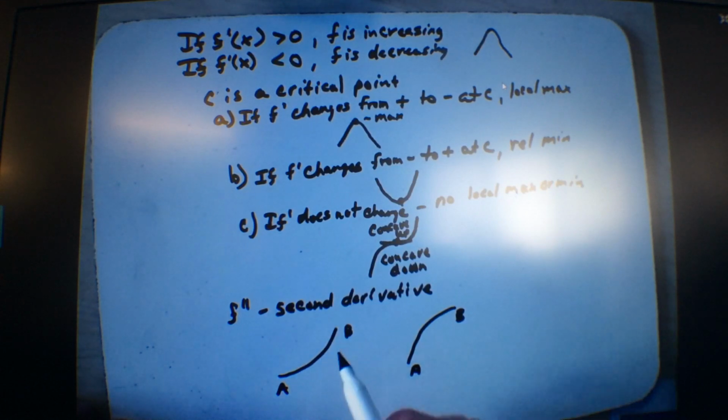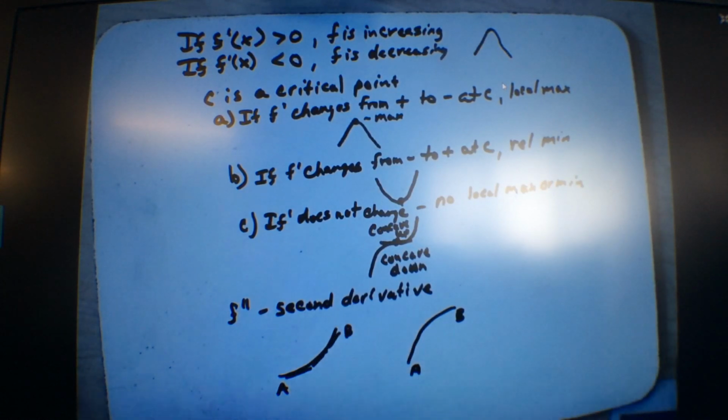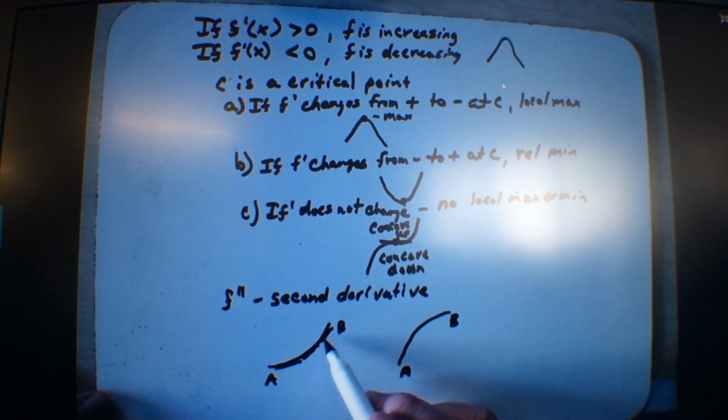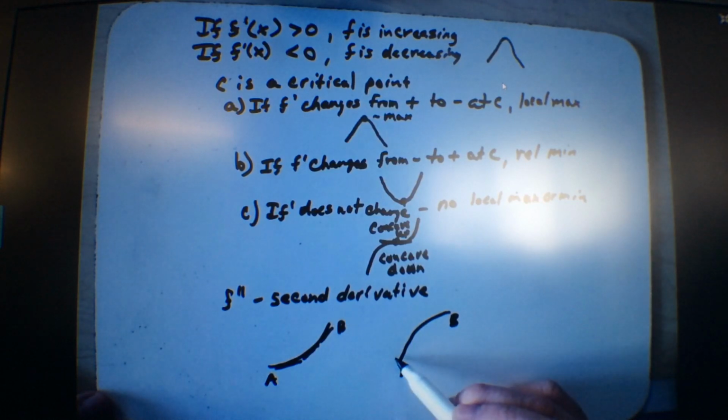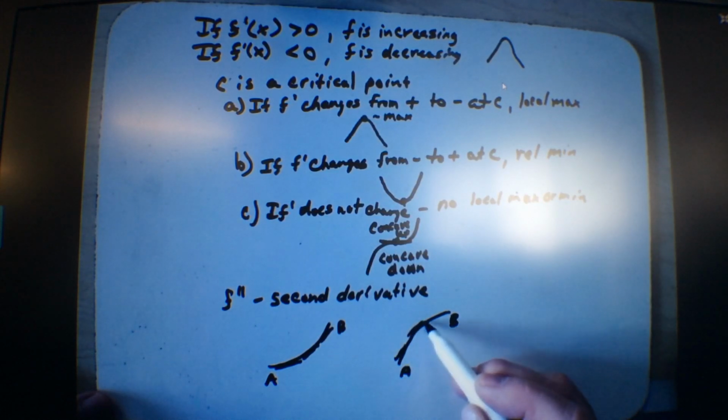Concave up. Concave up is when all the tangents are on the bottom. Do you remember when I first showed you that picture and I said we'll have tangents on both sides? Well, that's what it means. If you have the tangents on the bottom side of the curve, this is concave up. If you have them on the top, it is concave down.